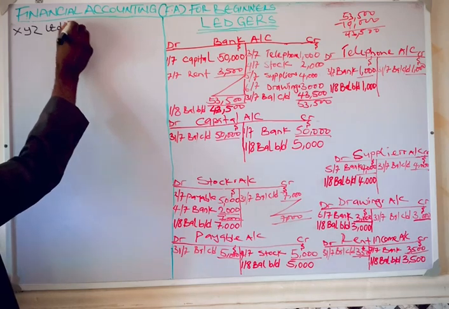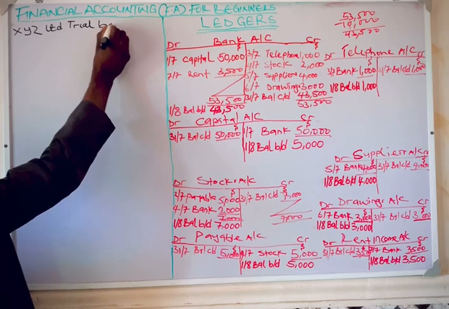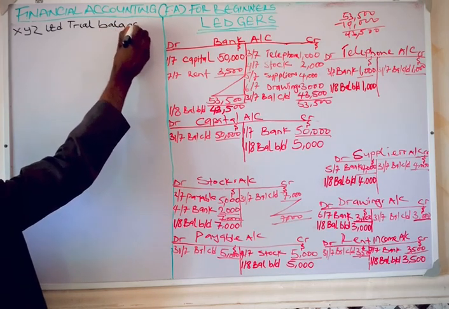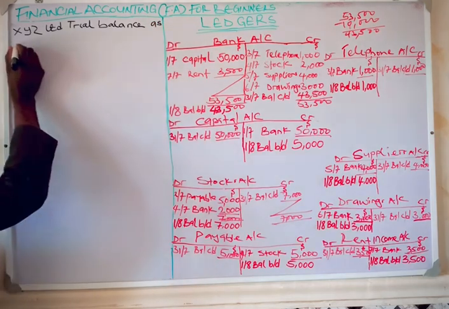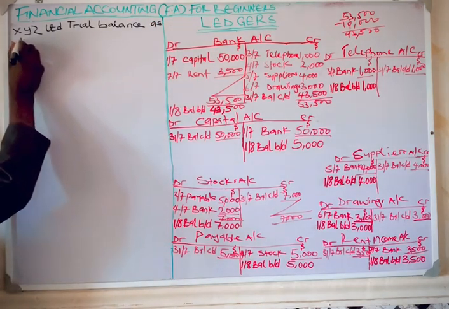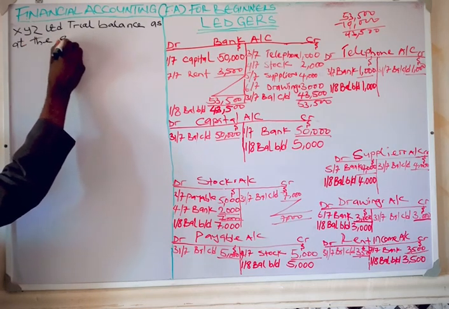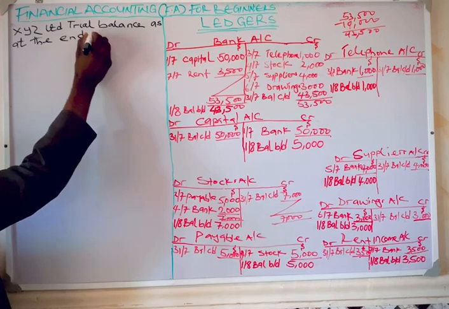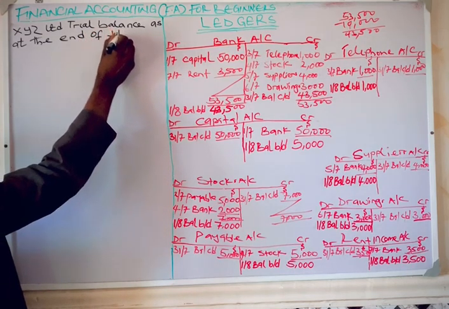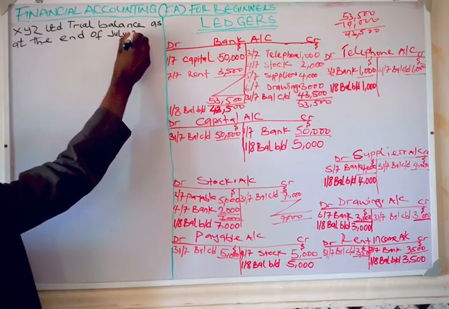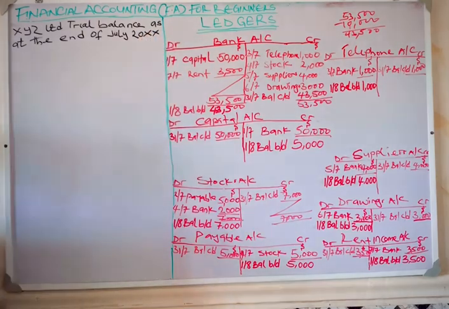Then we say trial balance as at the end of July 20XX. This is the year we assume.